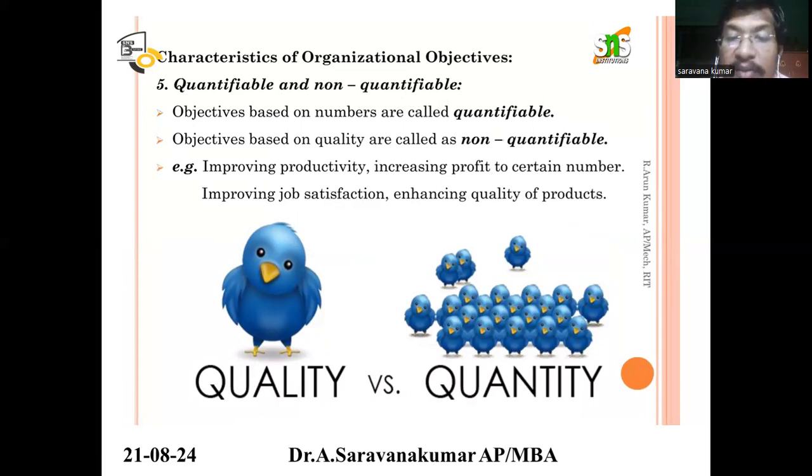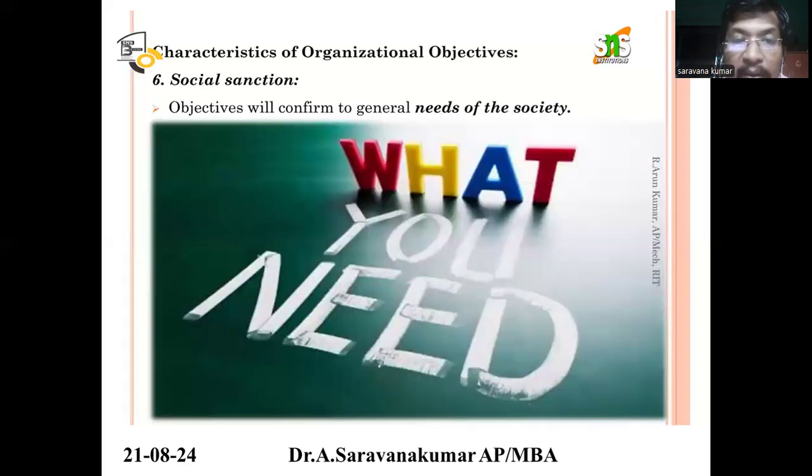Improving job satisfaction and enhancing the quality of products is quality. That is the difference between quality and quantity, that's why we say quantifiable and non-quantifiable. Social sanction means objectives will conform to the general needs of society. So whatever the needs of society, the organization will work accordingly.